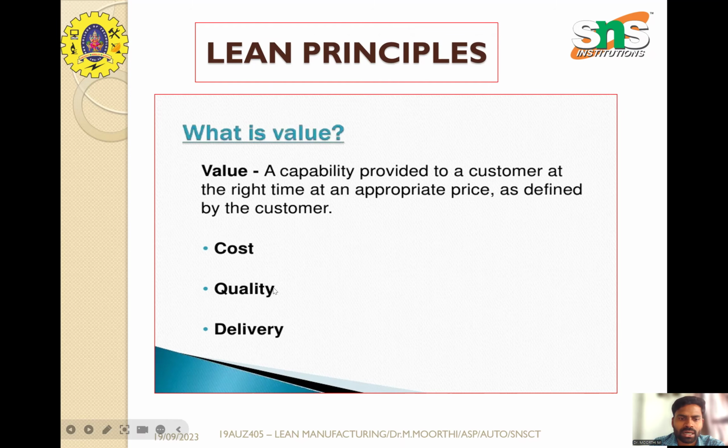Next is quality. We don't need to compromise on quality with regard to cost. We need to reduce the cost as much as possible without compromising the overall quality of the product, and we need to deliver the product to the customer at the right time.